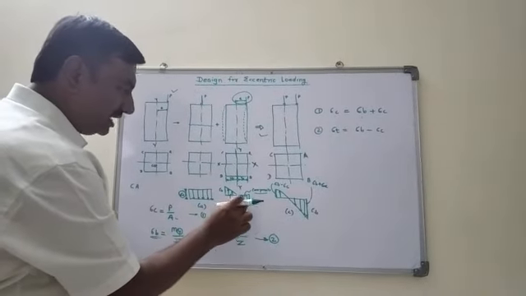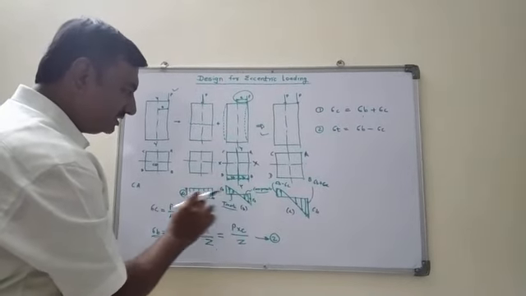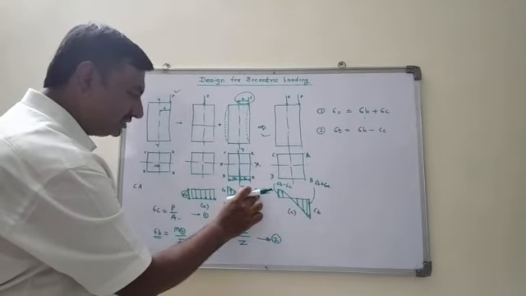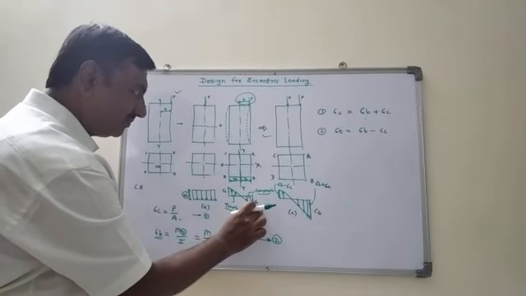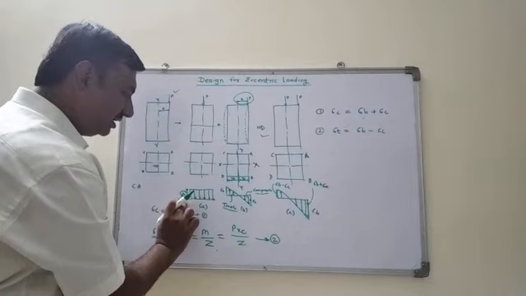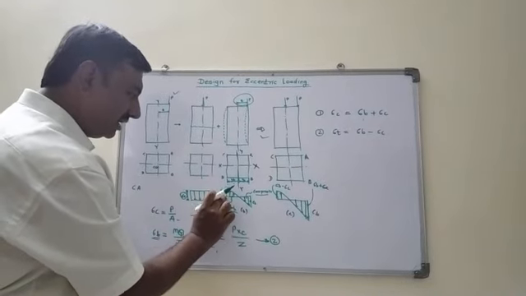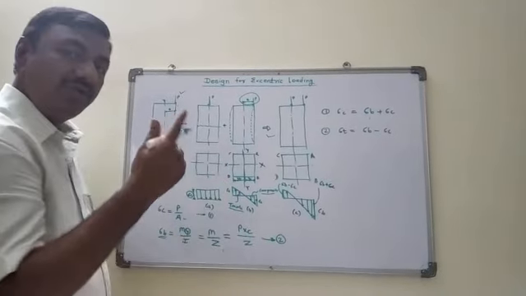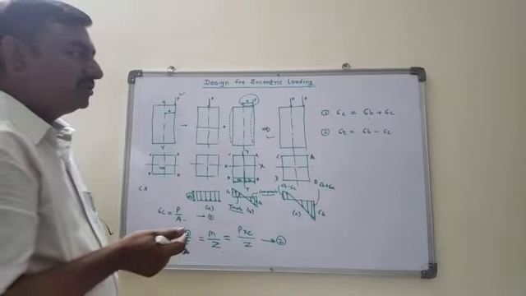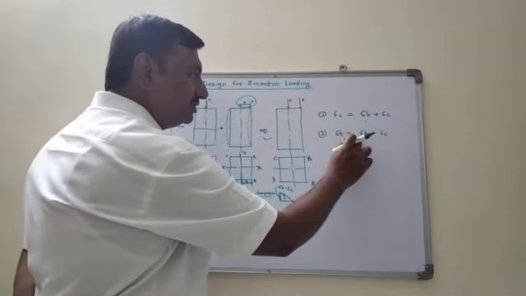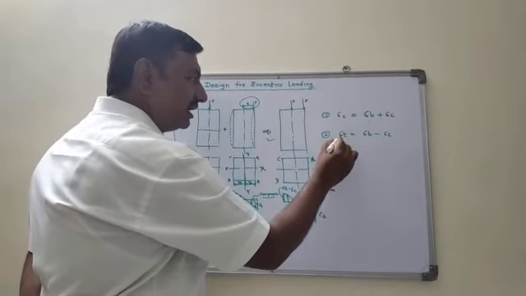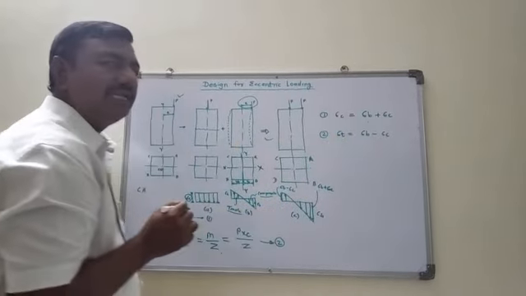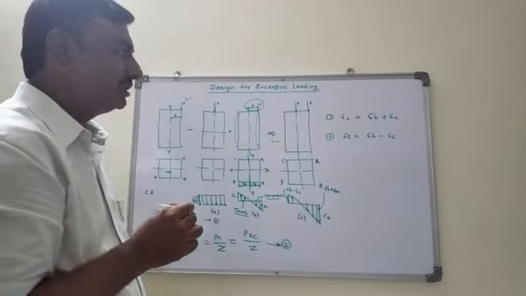As per sign convention, sigma b is downward positive, and sigma c, which is sigma t, is in the upward direction, so that is negative. So we use this equation to calculate the resultant tensile stress.